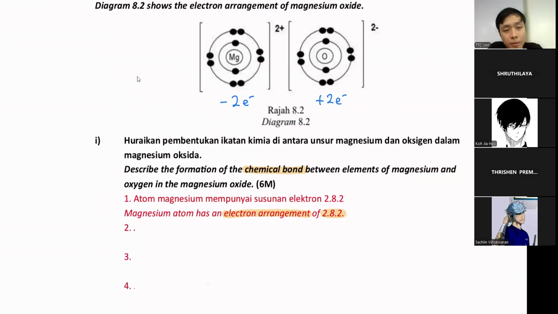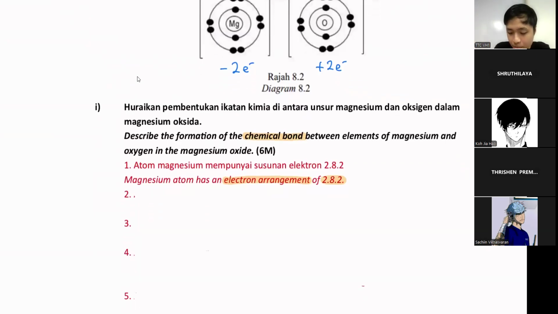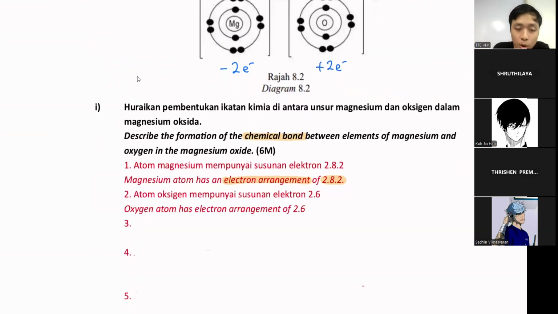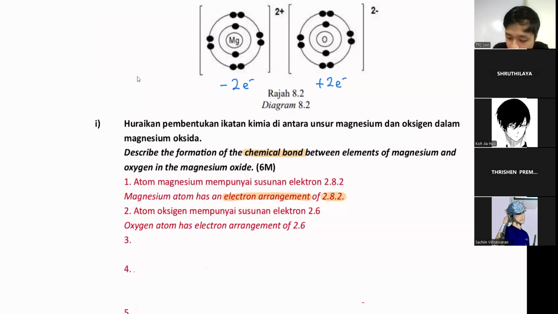If they come out with an essay question, they will also ask you to explain, like 5 marks, 6 marks, 7 marks. Then the second point, around the same, but you talk about oxygen, original 2.6. Magnesium donates 2 electrons to O, so O receives 2 electrons from magnesium.